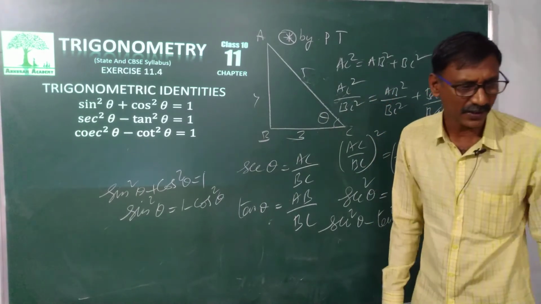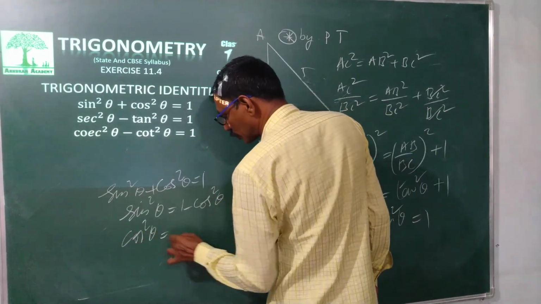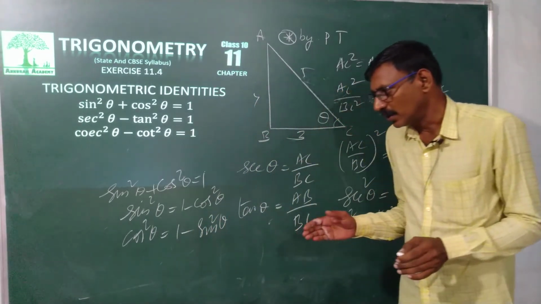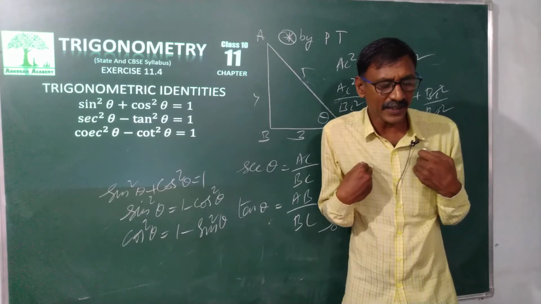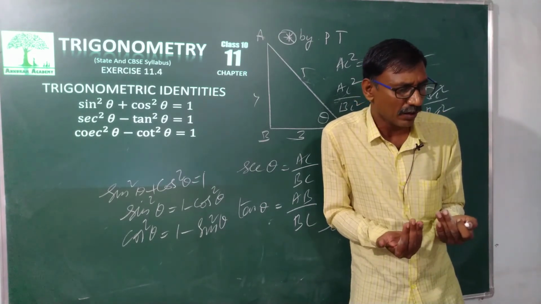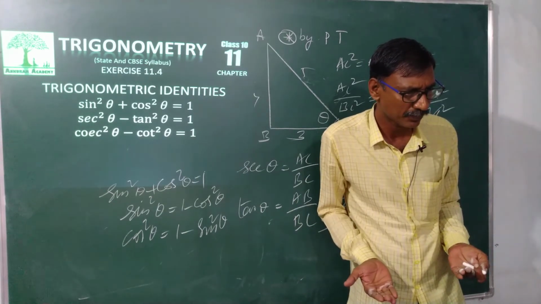Similarly, cos square theta is equal to 1 minus sin square theta. That means if I have sin square theta, I can write 1 minus cos square theta. If I have cos square theta, I can write 1 minus sin square theta.